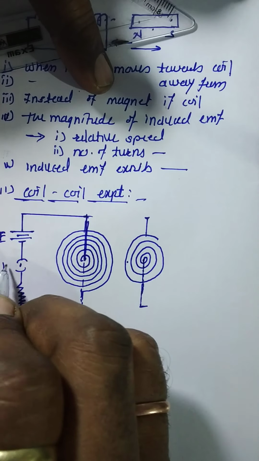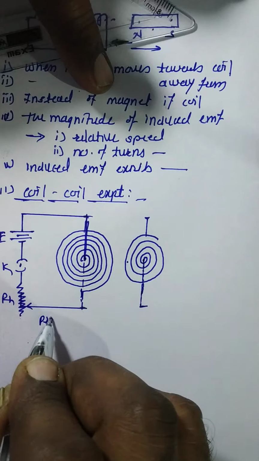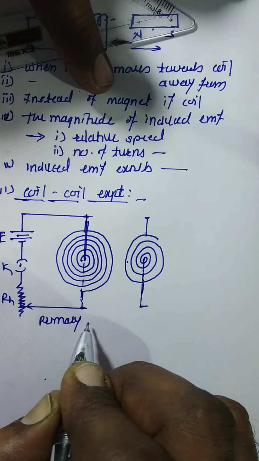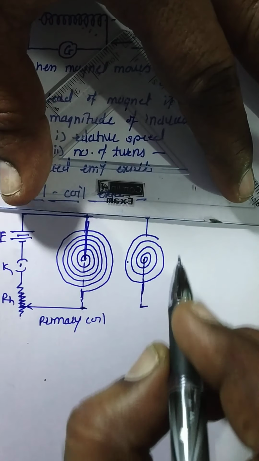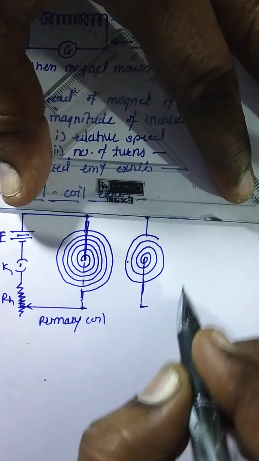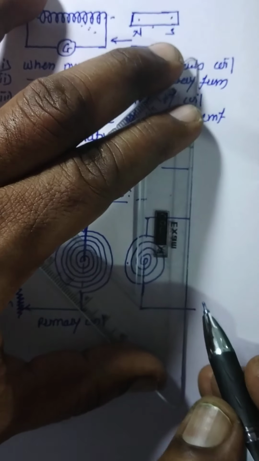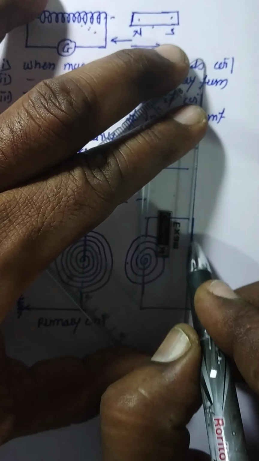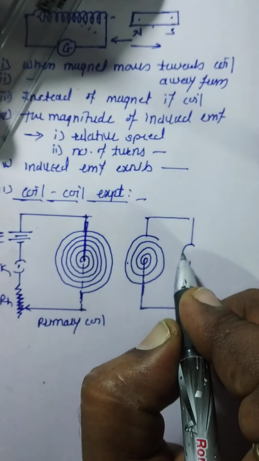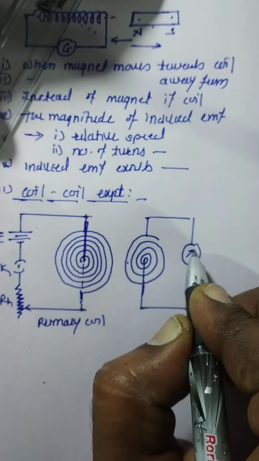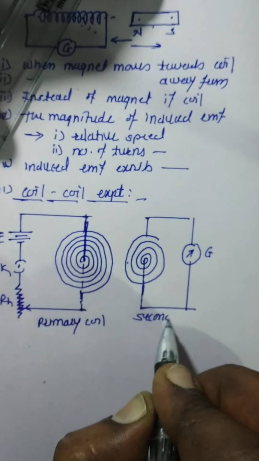Battery E, plug key K, rheostat called as primary coil. And another coil is connected to galvanometer, called as secondary coil.